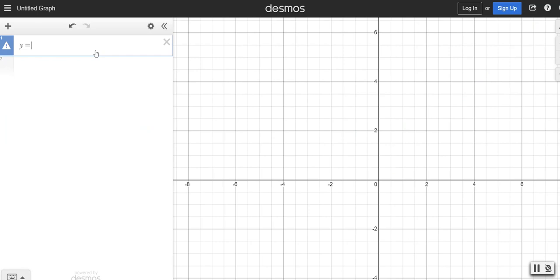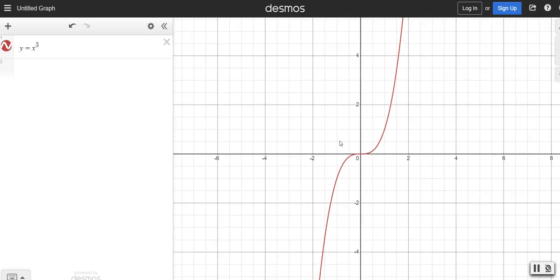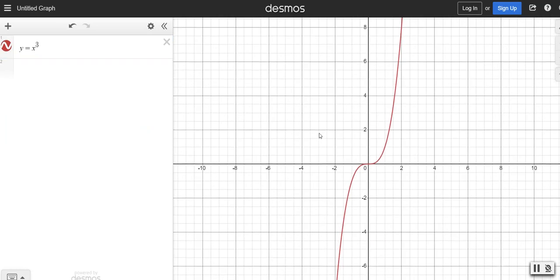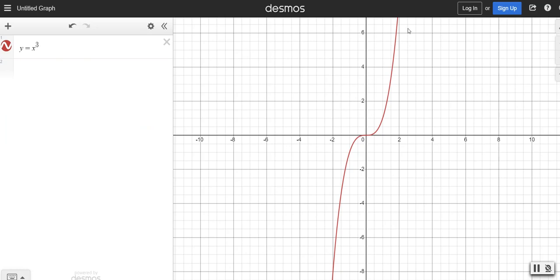Now let's look at an odd function, x to the third. In the case of an odd function, we say it has origin symmetry. If you flip it upside down, it looks exactly the same. Think about this. If I rotate this around the origin, it would look exactly the same.